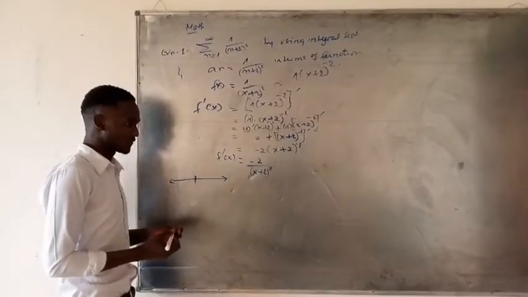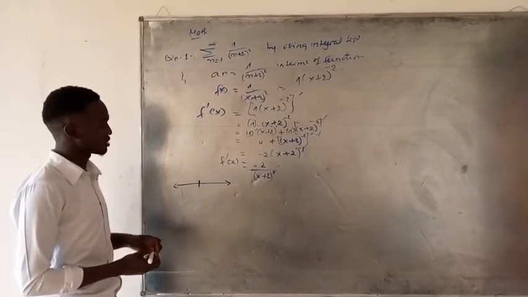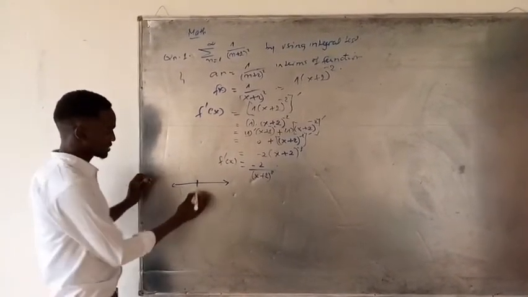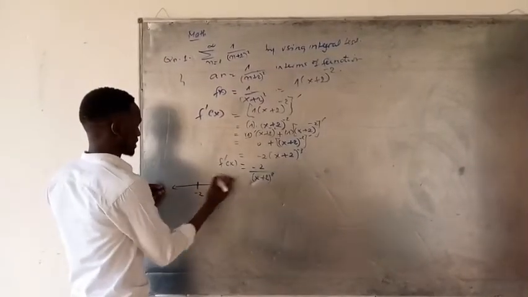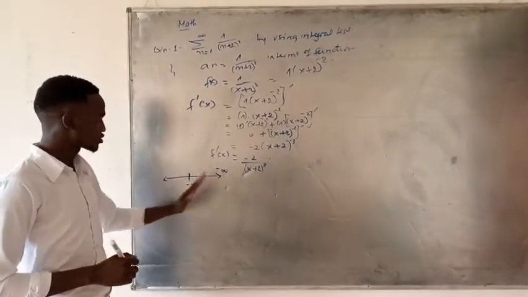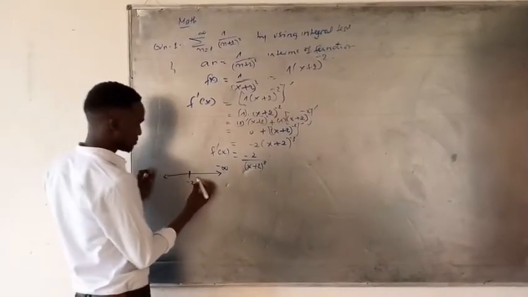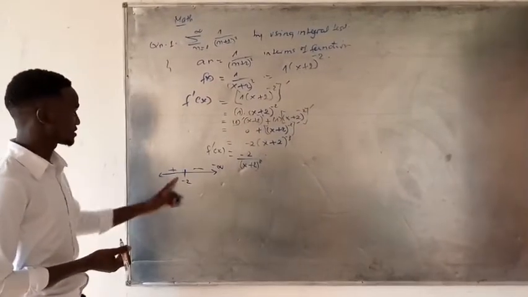So here, if we use the intervals on a number line, you find negative 2, negative infinity and positive infinity, and the function on this side will be negative and on this side will be positive. By using the graph, we will find this form.